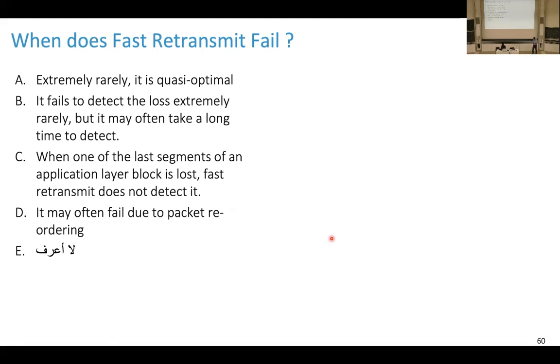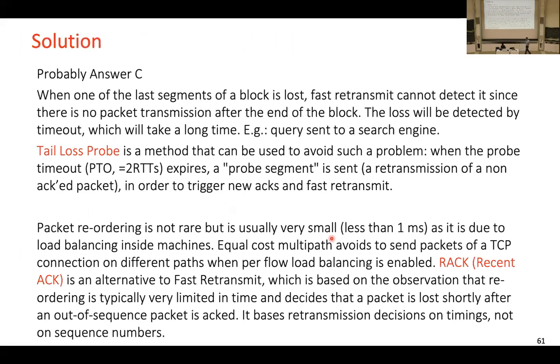So the poll is closing. We see that the majority says C, which is probably the good answer. So we will see why. Of course, if you are at the end of the TCP connection, there are no more packets to send, so you will have a packet that will not be seen by fast retransmit, as we have seen before.